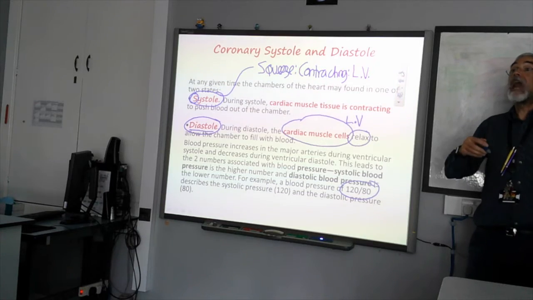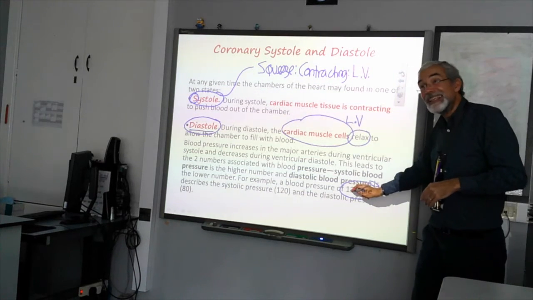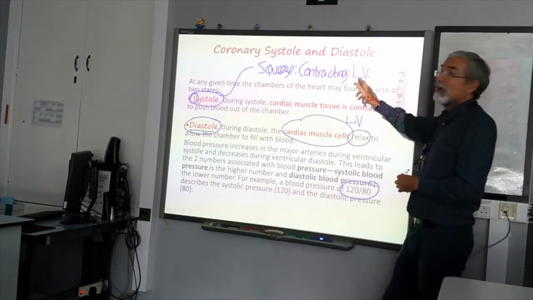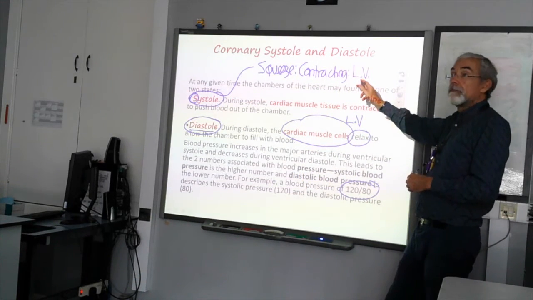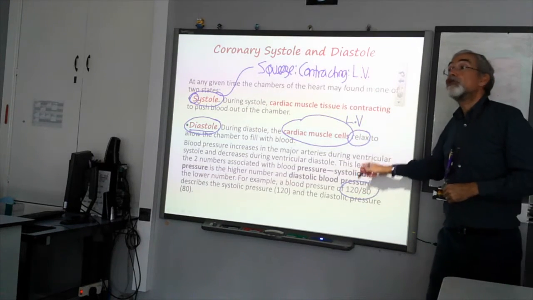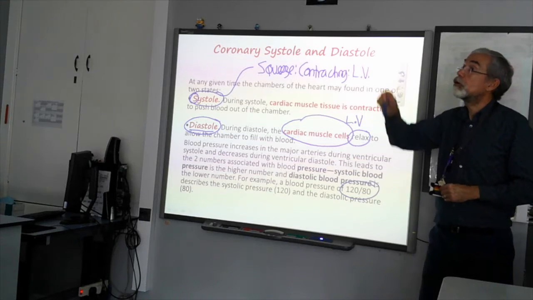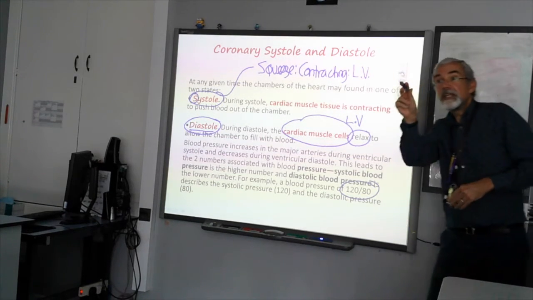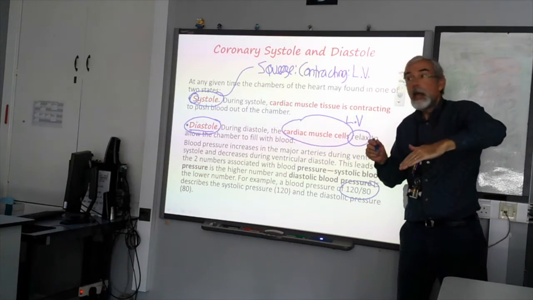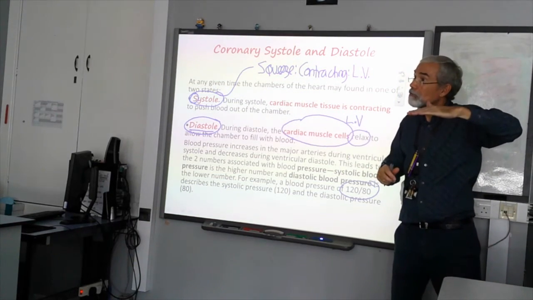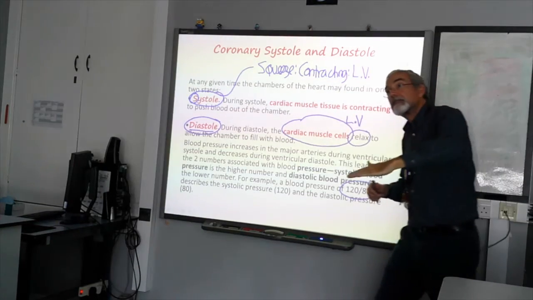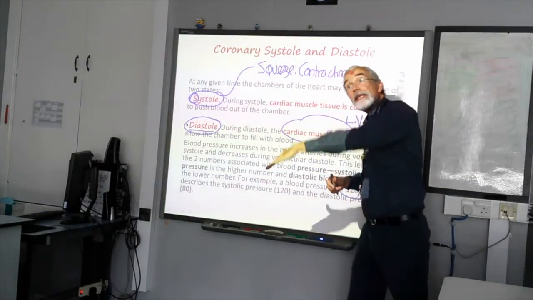So for example, the high number, 120, is your systolic blood pressure when your left ventricle is contracting. The lower number, 80, is the pressure in your artery when the left ventricle is not beating. So you can see it goes higher and then it drops, but it doesn't go to 0. So it's 120 and 80, 120 and 80.